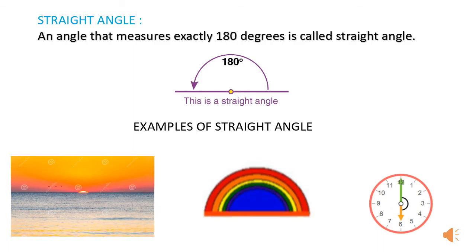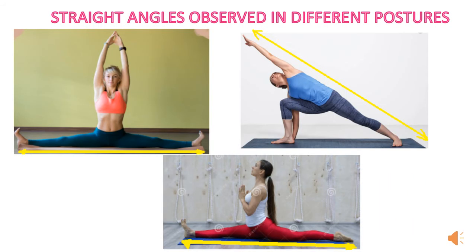See the examples of straight line or straight angle shown over here: sunrise or sunset at horizon, rainbow, angle formed by minute hand and hour hand at 6 o'clock. This gives idea of a straight angle. Now see the straight angles observed in different postures in this slide.